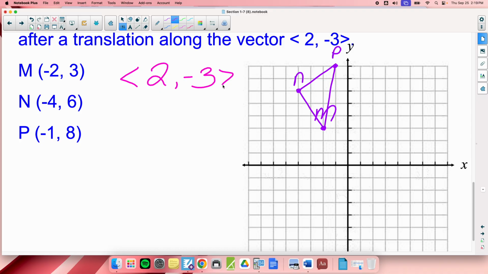So for every point that's here, you're gonna go over 2, down 3, and put your new point. Then you're gonna go over 2, down 3, your new point is right here. You're gonna go over 2, down 3, your new point is right here. And that is your new figure.